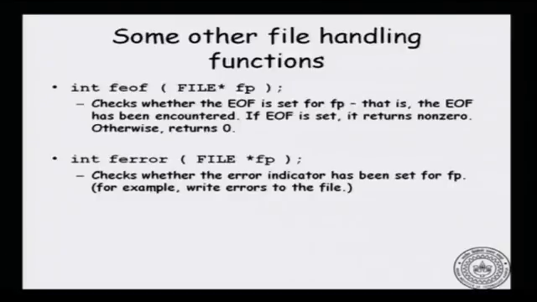For example, you were trying to write to a read only medium like a CD, or you are trying to write to a hard drive and the file system is full. So, you might encounter an error. There are various errors that you encounter in file operations, and ferror checks for some of these. If the error indicator has been set for FP, then ferror returns a non-zero value, otherwise it returns 0.